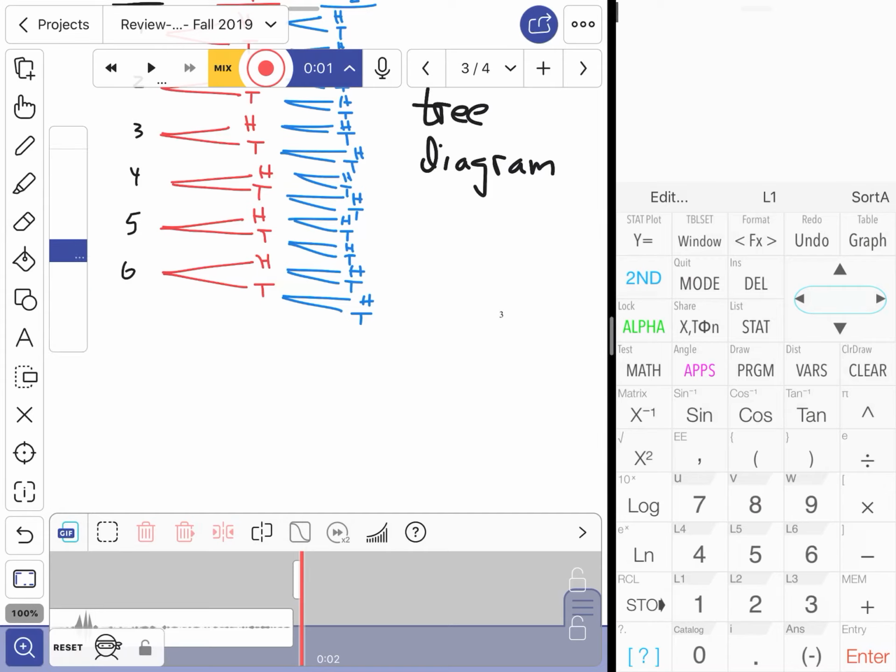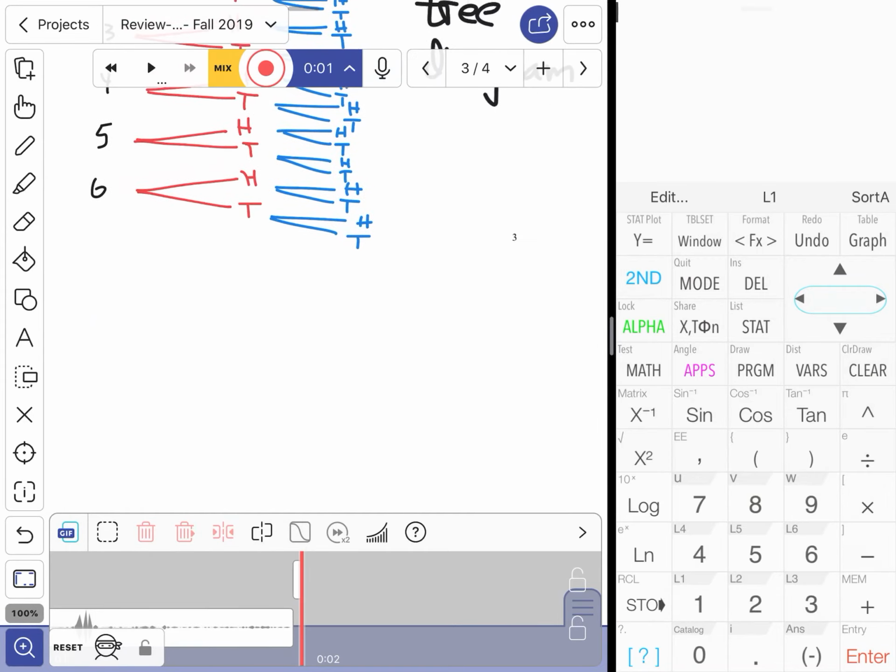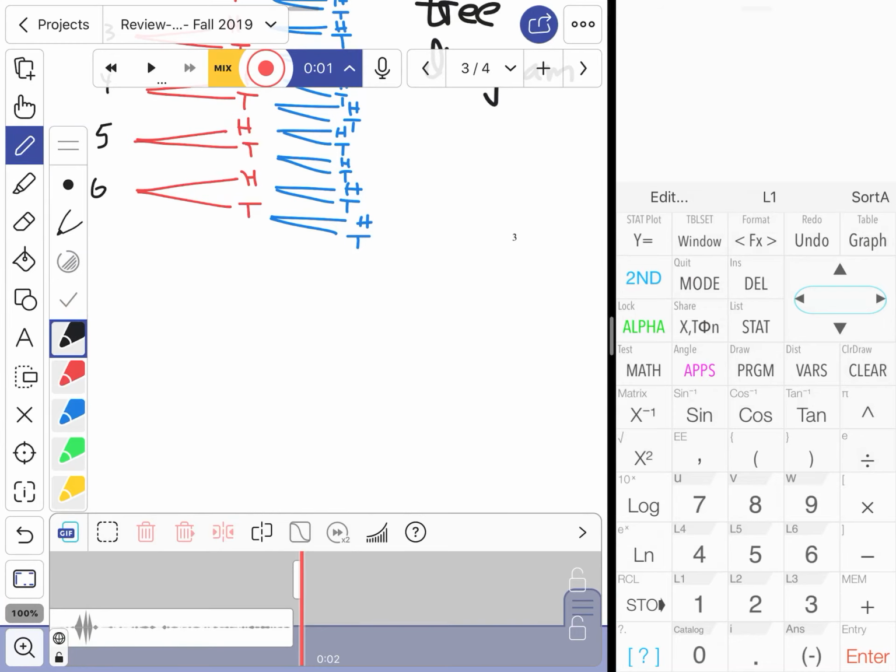But really, if you consider it, and I'll just kind of pretend that I don't have access to a tree diagram, easier said than done, I guess. But if I were to think about it, I'm rolling a die and then flipping a coin. So my possibilities are that I would roll a 1, and then maybe I would get a heads. All right. But then if I got a heads on the first flip of a coin, I could get a heads on the second.